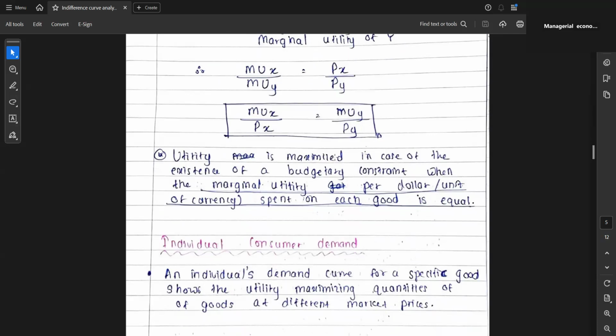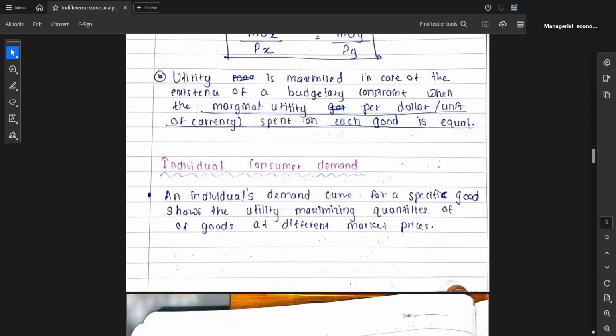The marginal utility the consumer gains by spending $1 or a certain currency unit on good X, and the marginal utility the consumer gains by spending the same amount of currency on good Y, are both equal at the utility maximization point.